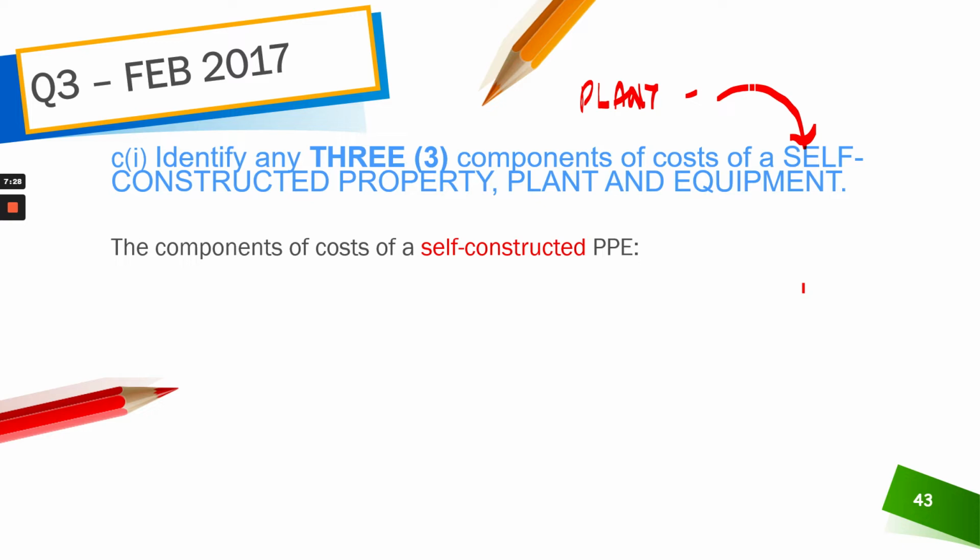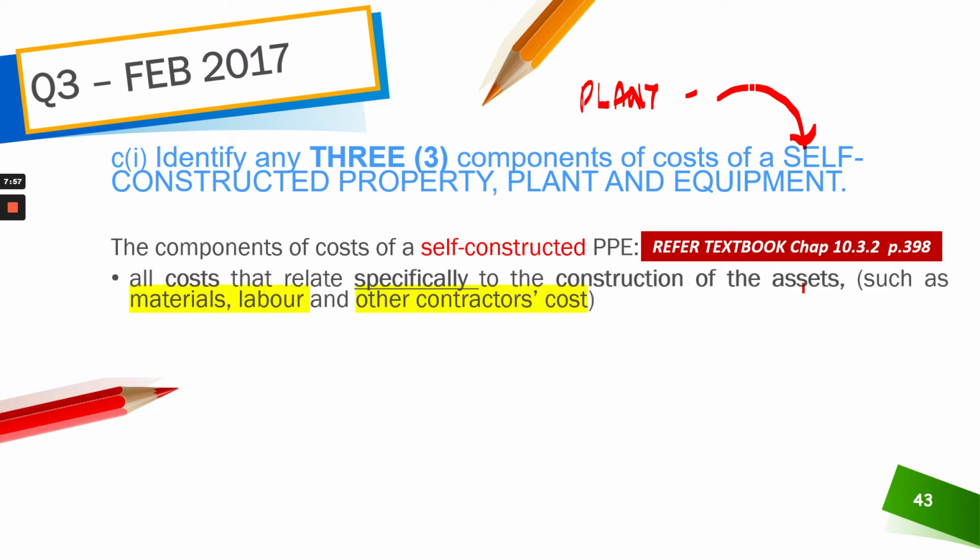So according to MFRS 116, the component of a self-constructed PPE, you can also refer to the textbook by Tan Leon Tong, Financial Accounting and Reporting in Malaysia, chapter 10, which is at 10.3.2, page 398. Right, so you can refer there, go and take your book. And these are what have been mentioned in the book, as well as what was also coming from the standard.